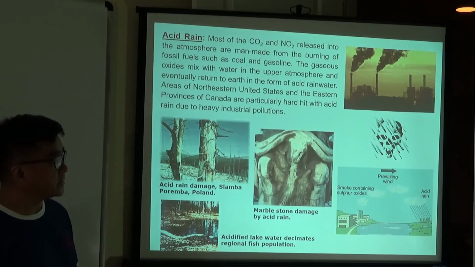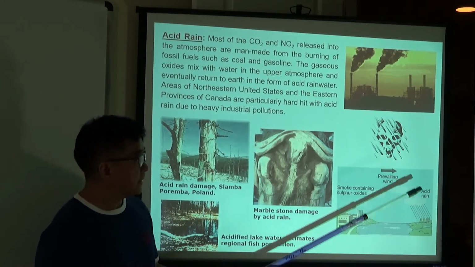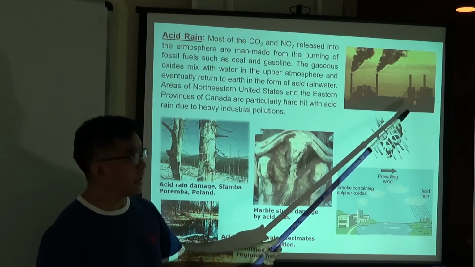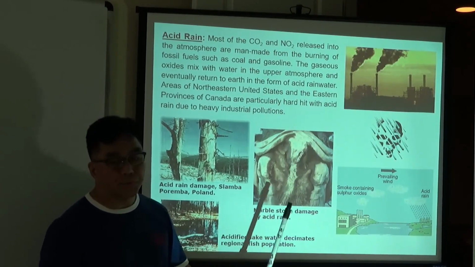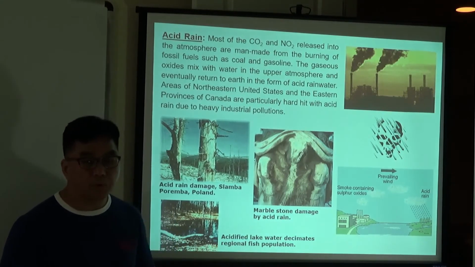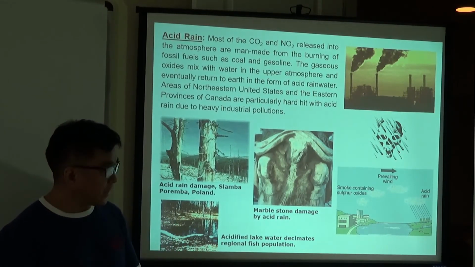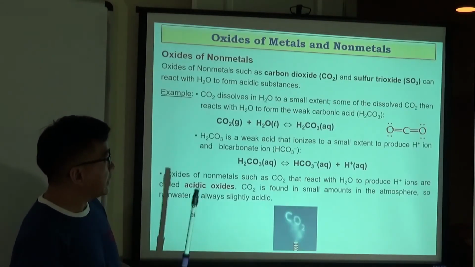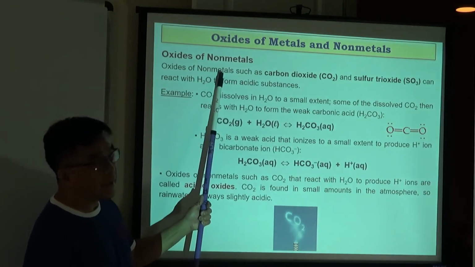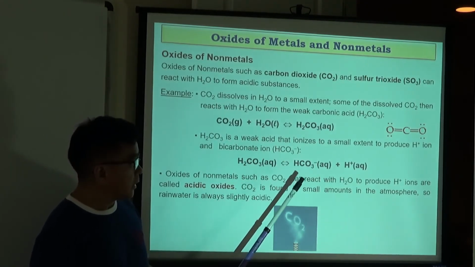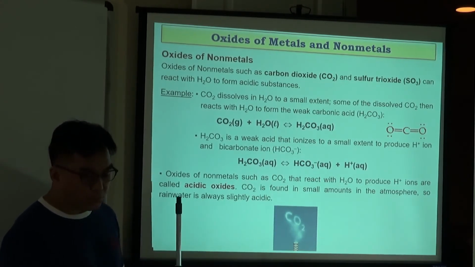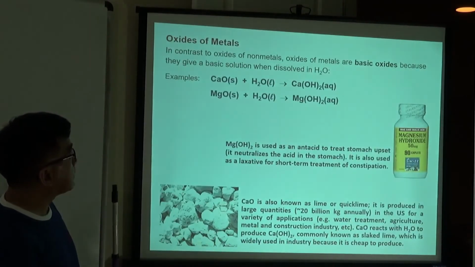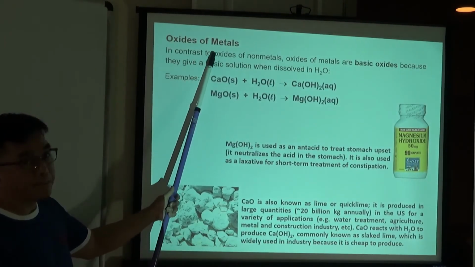Nowadays there is a federal mandate that all industrial smokestacks be fitted with a filter so that most of the sulfur dioxide produced gets removed before the exhaust is released into the atmosphere. So the point here is that oxides of non-metal, when they dissolve in water, produce an acidic solution.